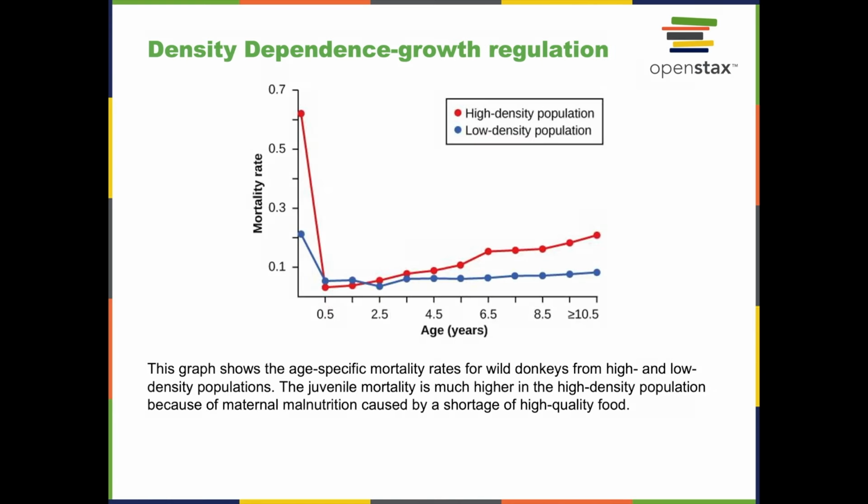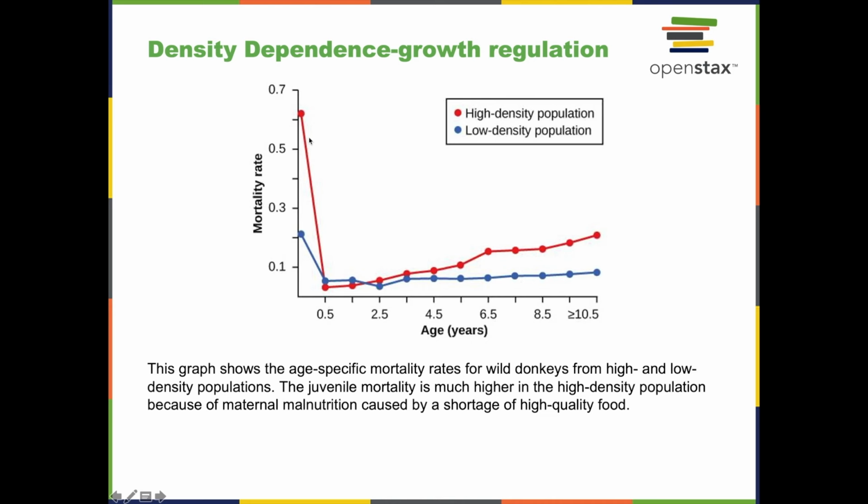So one consequence of having too much density is the survival of the young. This is another example of a density-dependent growth regulation. If you compare two populations of wild donkeys, one, shown with the red line, has a high-density population, and the other, shown with the blue line, is a lower density population.